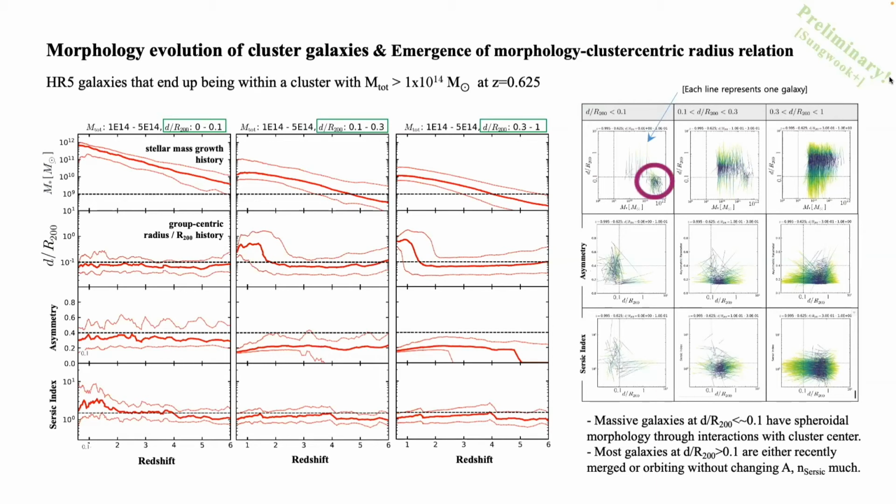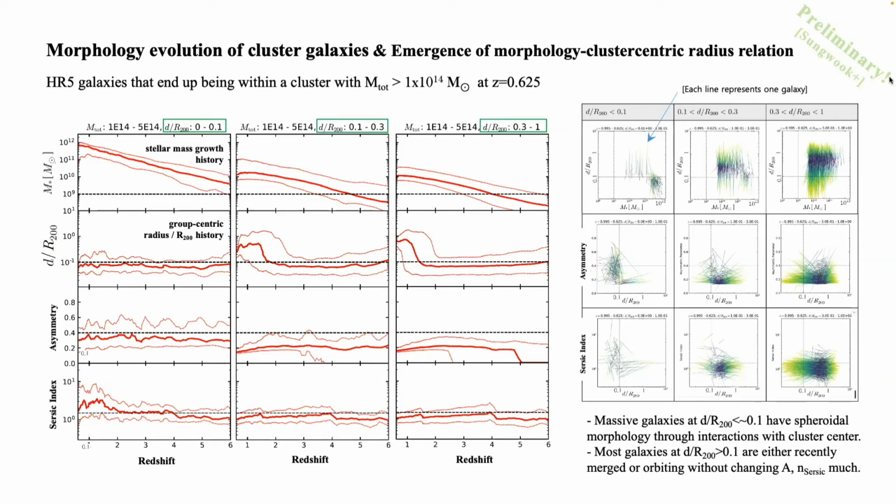And the massive galaxies were always within about 0.1. Between z equal 1 and 0.6, they were just orbiting inside the core, and they maintain this heavy mass. When you look at the cluster-centric radius versus Sersic index and asymmetry, you see these massive galaxies have large asymmetry and also large Sersic index.